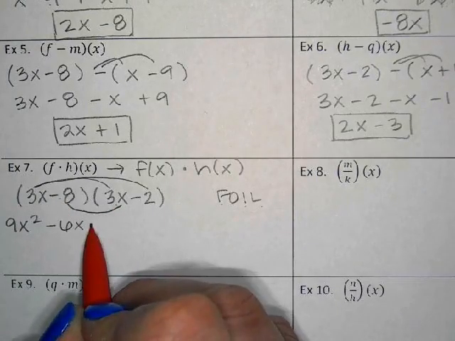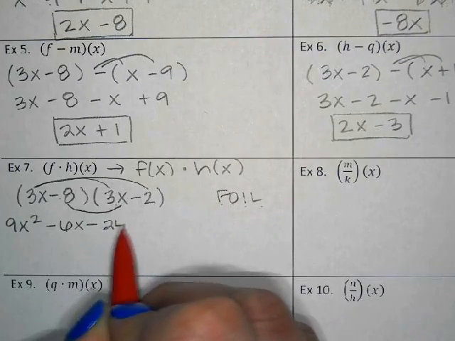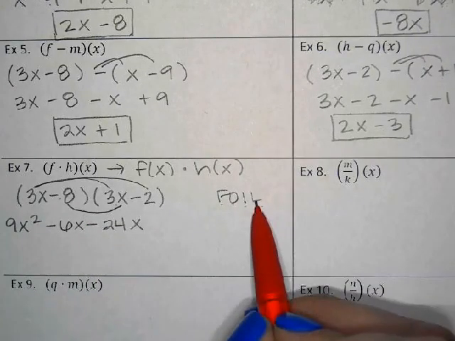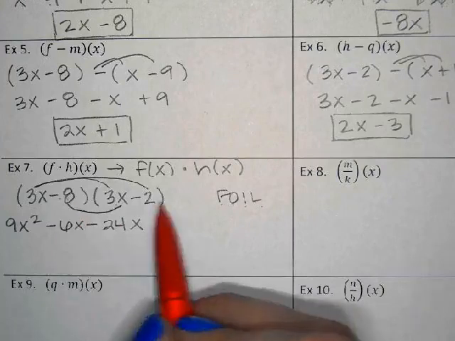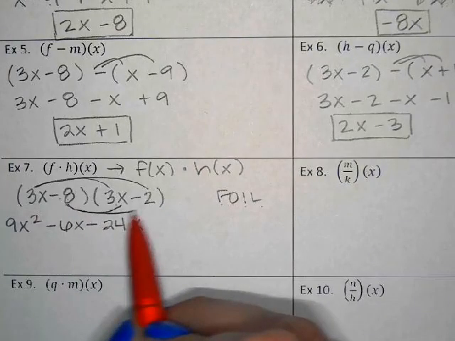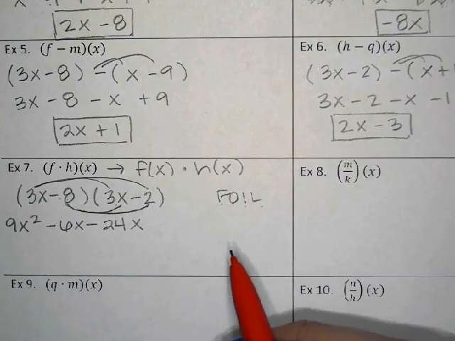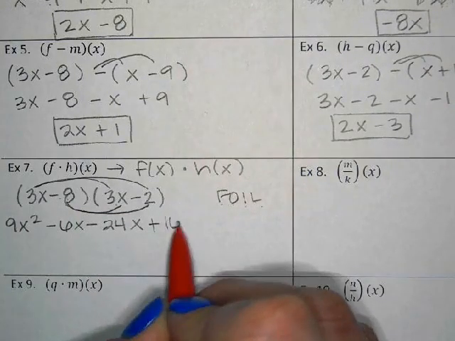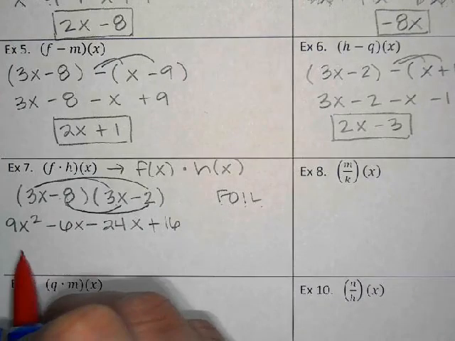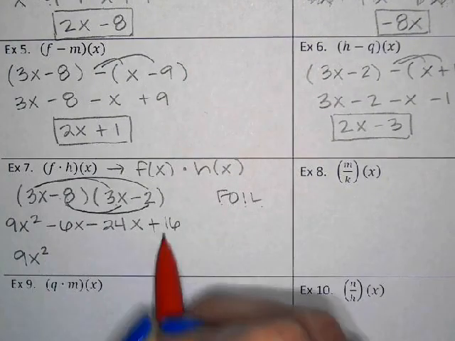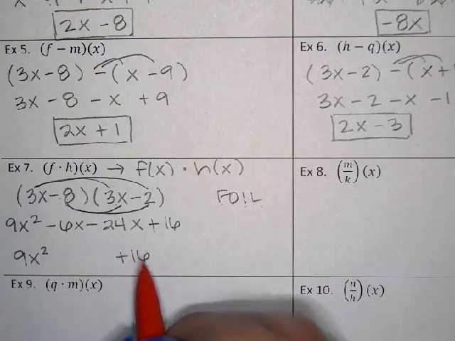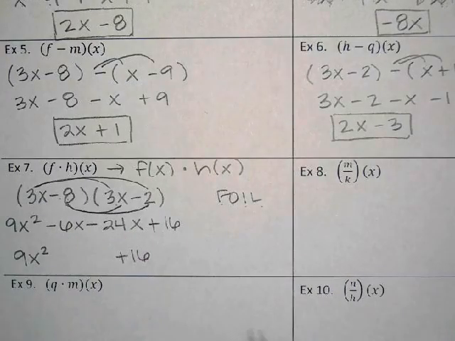And then L is the last. So this one times this one would be the last times the last. Negative 8 times negative 2 is positive 16. Perfect. So we've got 9x squared. We've got positive 16. Then what's in the middle? Negative 30x. Perfect.